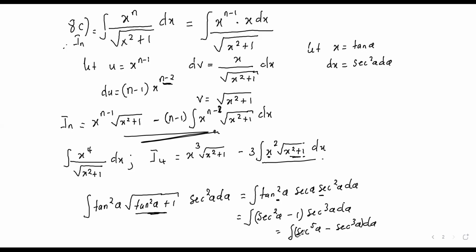And then you integrate this using what? These are the powers of sec. So you use reduction for sec. Hope you know the reduction for sec. So I'll just give you the reduction for sec, then you guys can finish it.